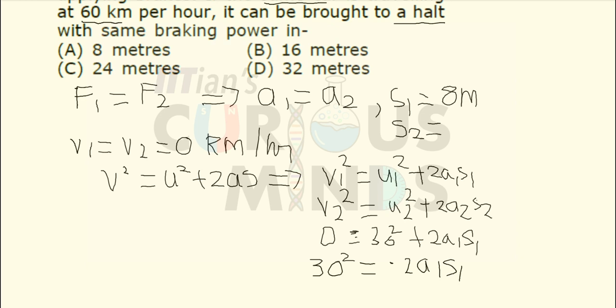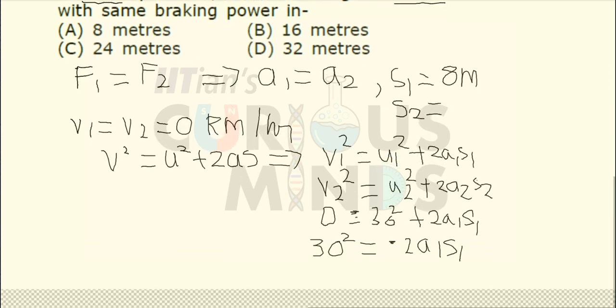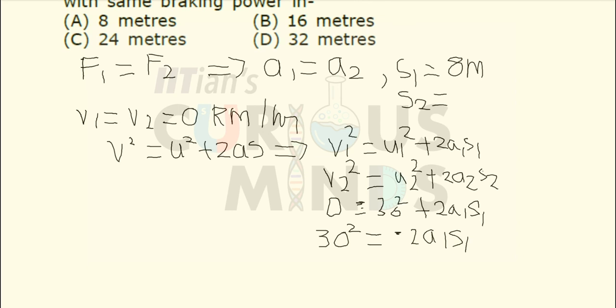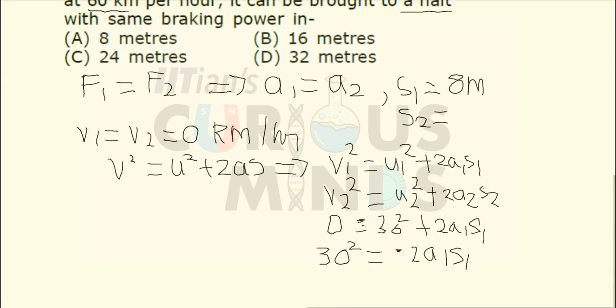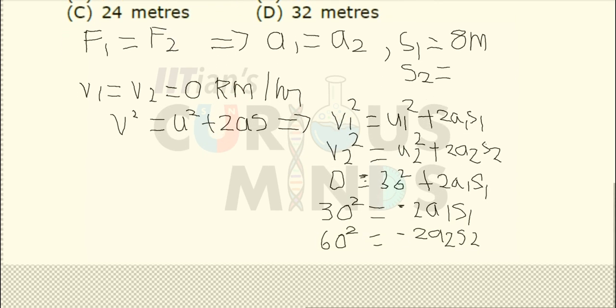Similarly, for the second case, the velocity is given as 60 km per hour, so 60 square will be equal to minus 2A2S2.